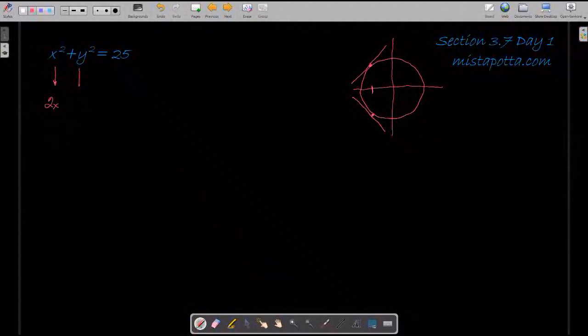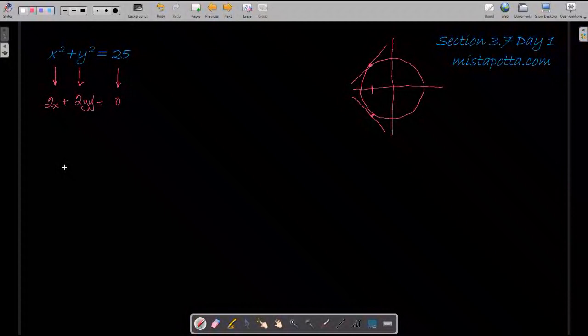And if I take the derivative of y squared, I'm going to end up with 2y y prime. And the derivative of a constant is 0. And so I end up with the relationship that 2x plus 2y y prime equals 0.